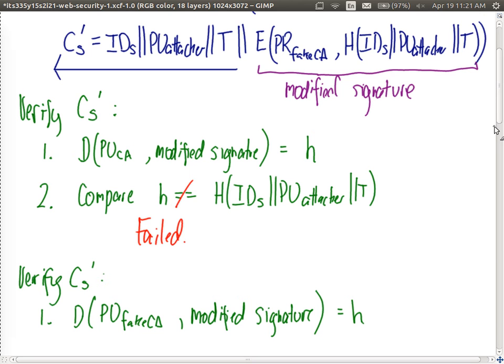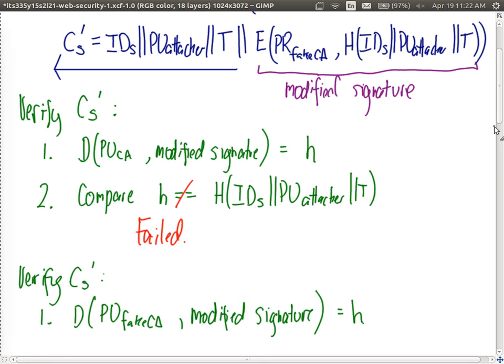We receive CS prime, this certificate, which we now start to verify. I've got the modified signature. This certificate was signed by this entity called fake CA. I don't know it's a fake CA. I know it was signed by someone called fake CA, and I don't know that they're not a valid one. So I therefore try to verify using the public key of the fake CA.